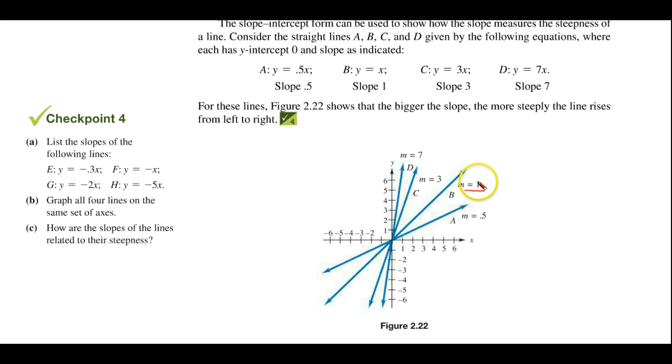Now, as it gets steeper, it goes to this line, which is the slope of 3, and even more steep, the slope of 7. And here, this drops down. This is the slope of 1/2. They're showing it as 0.5. So, which line has the larger slope? Well, the 7, of course.